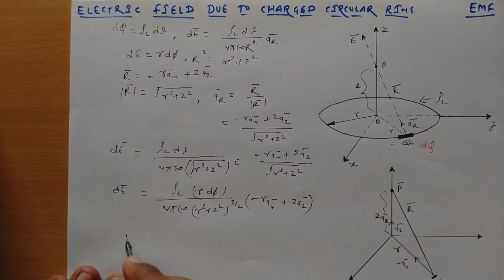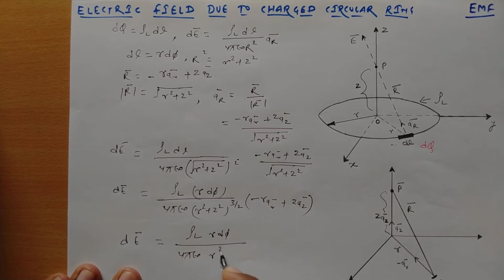So further I'll write here, this is given that dE will be equal to rho L R d phi divided by 4 pi epsilon naught (R square plus Z square) to the power 3 by 2, right?